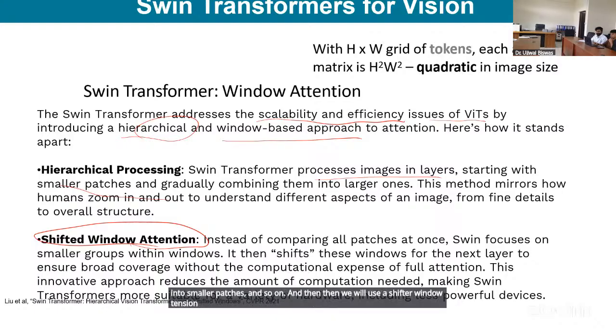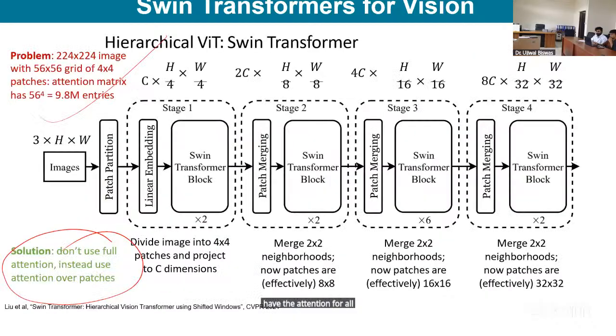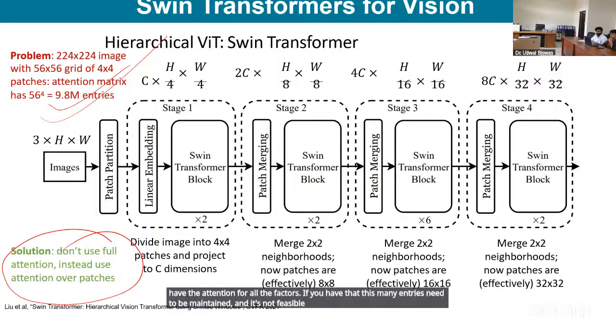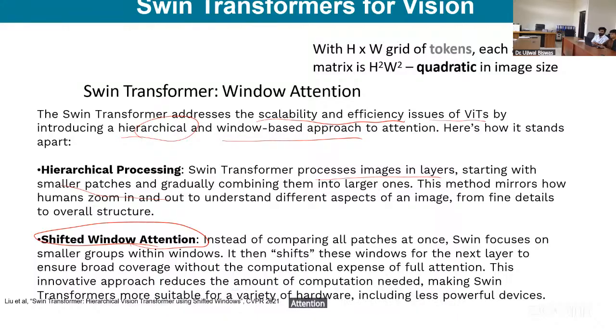The shifted window attention means that, to overcome this, we cannot have attention for all the patches. If you have this many entries, they need to be maintained and it's not feasible. Again, the same problem comes with the original transformer model. So we'll be using an attention mechanism that shifts through only certain local windows, and then later we'll merge them.